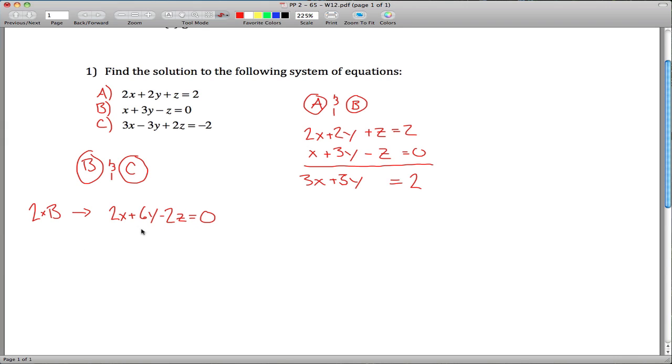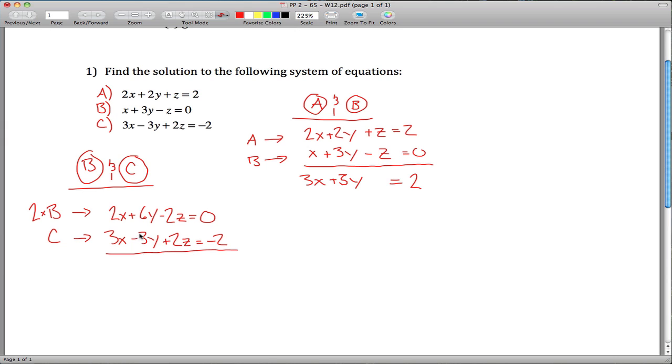And C gives me, sure, I can label all of these. A goes right there, B goes right here. C gives me 3x minus 3y plus 2z equals negative 2.